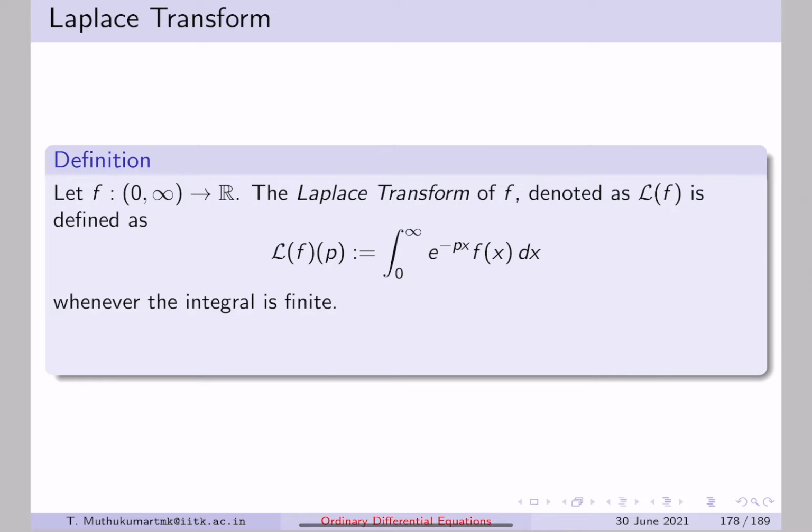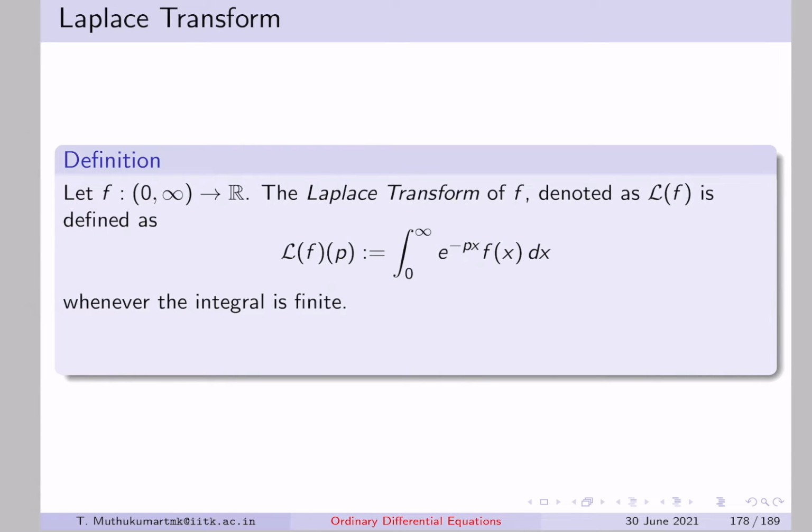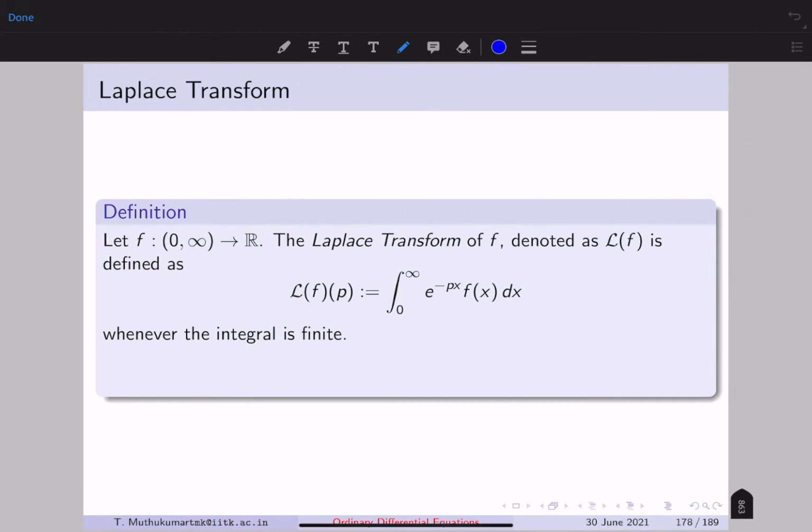So this is the definition of Laplace transform. You are given a function f, which is defined on the positive real line and is real valued.